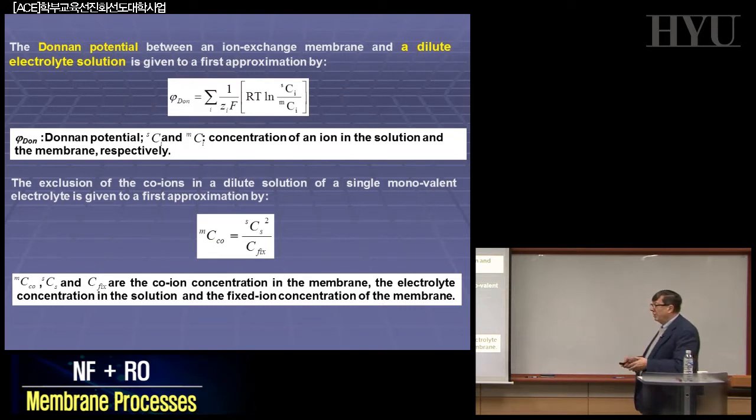That means the number of fixed ions of a certain charge per gram of membrane, per square centimeter, however you want to define it. If this number is very high, the co-ion concentration can be very low, so the membrane acts with good exclusion. But if this number becomes very low, at one point the system does not work anymore.